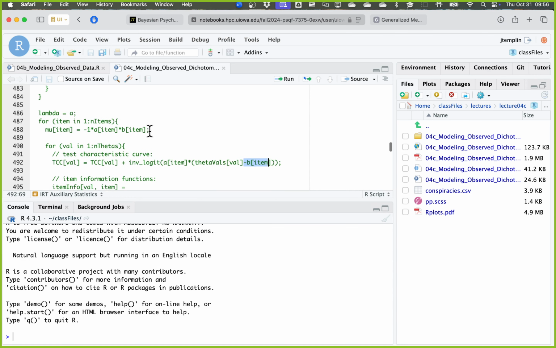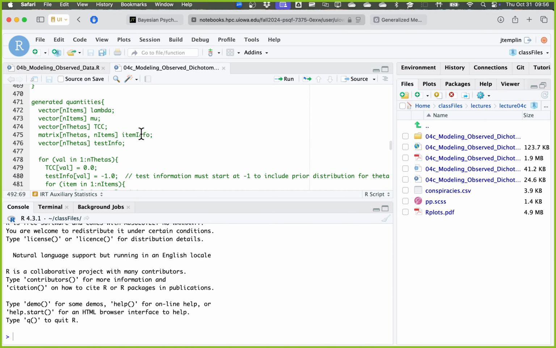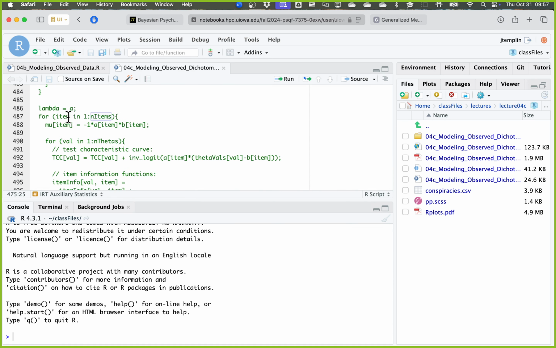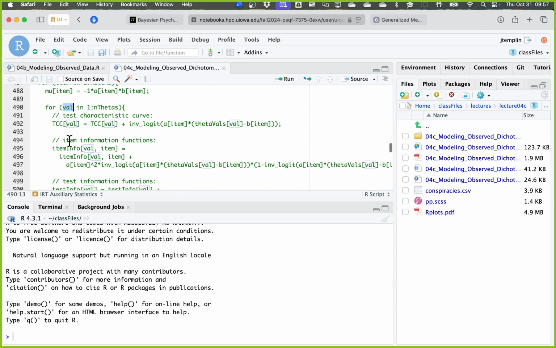So here I have my item information function, but now I have to have one for each item and each theta. That's why it's a matrix. And in my loop across all of the items, which is also within the loop across all of the thetas, I calculate this item information. So there's my calculation of the information function.